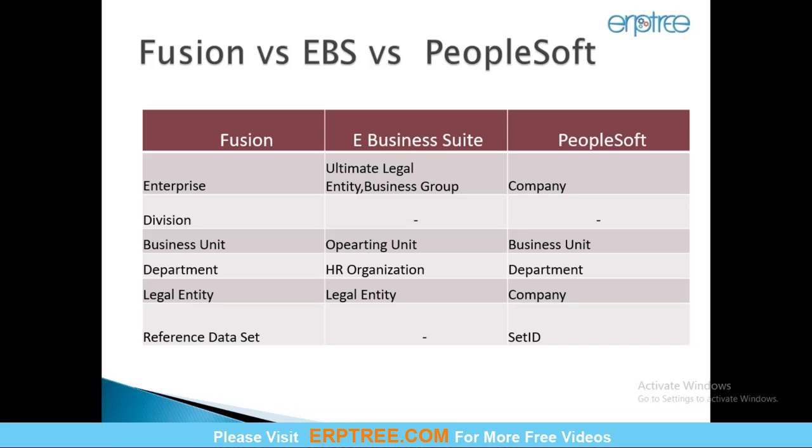When I say enterprise in Fusion applications, it was like an ultimate legal entity or a business group in EBS, and it is a company in PeopleSoft. Division was not there in both of them, so division is a new concept, and business unit was the operating unit. We used to call it business unit only in PeopleSoft.